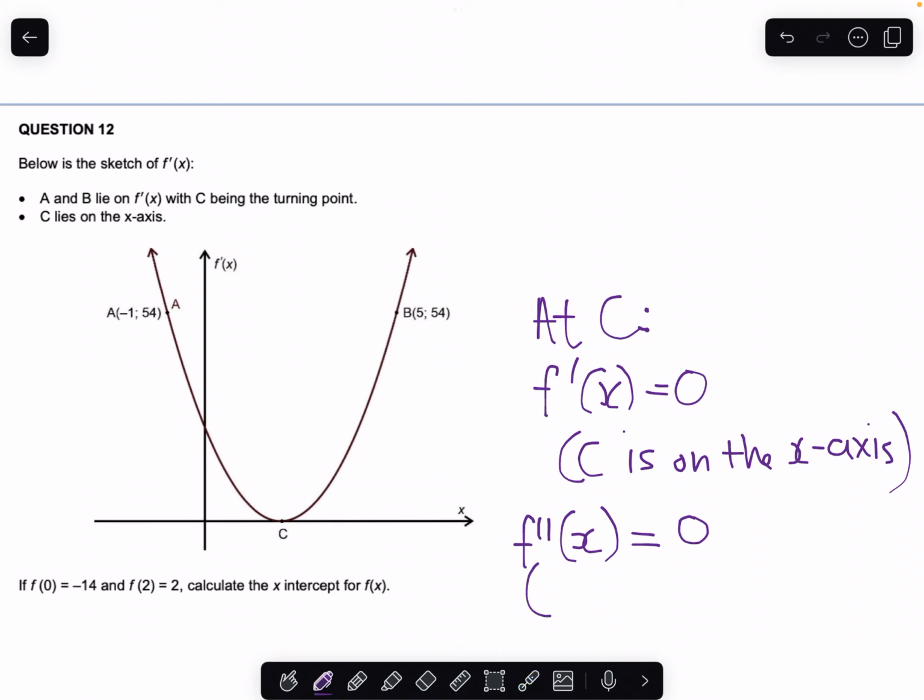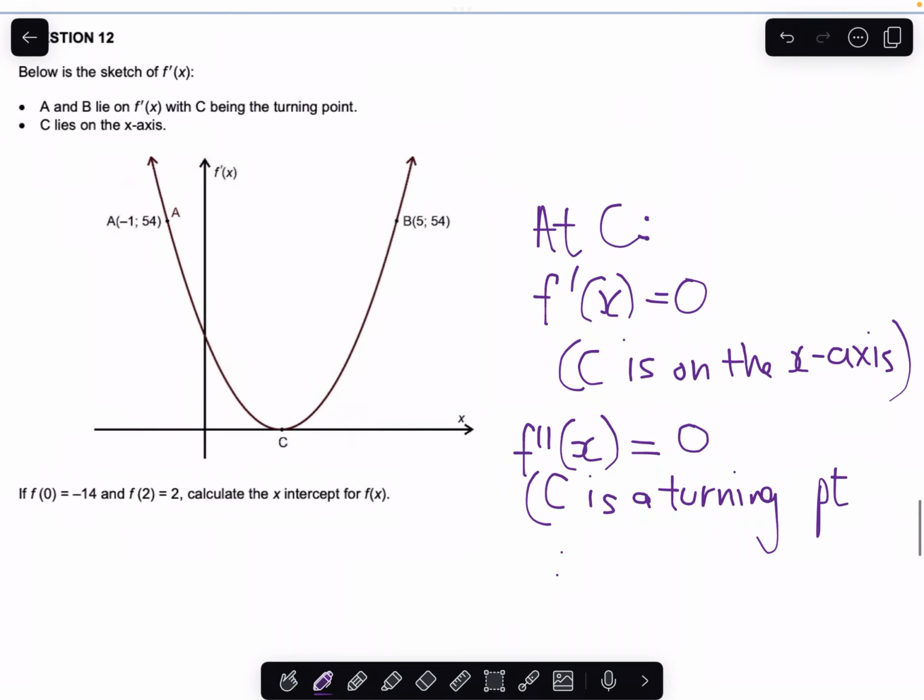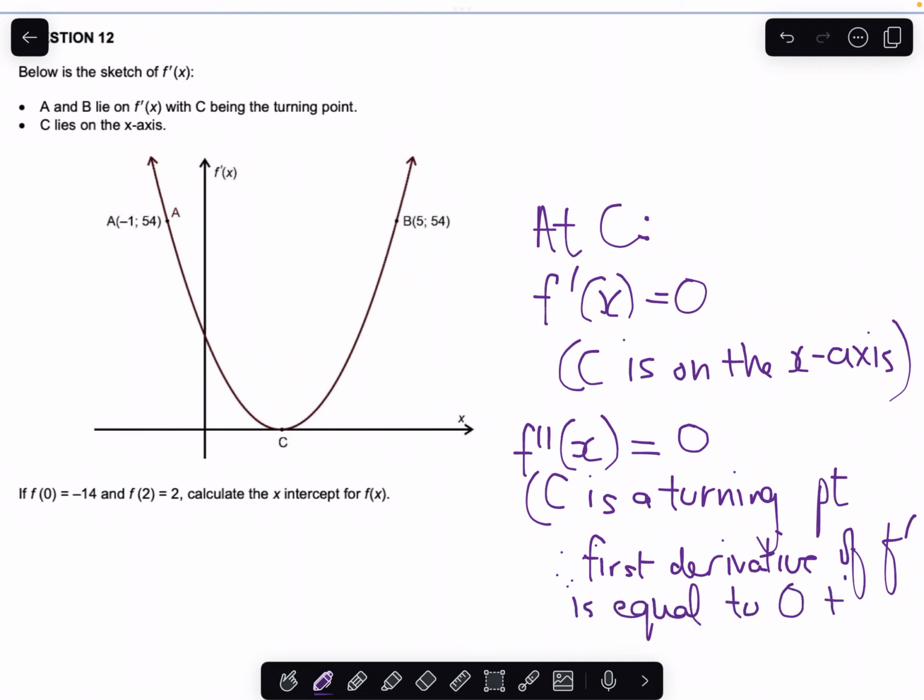The reason why we know that f double prime of x is equal to 0 there is because C is a turning point, which means that, therefore, the first derivative of f prime is equal to 0 there. Okay, so those are just some scribbles.